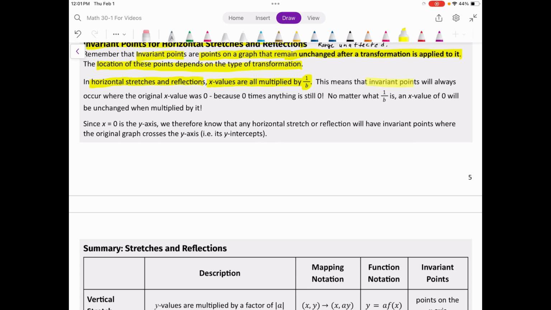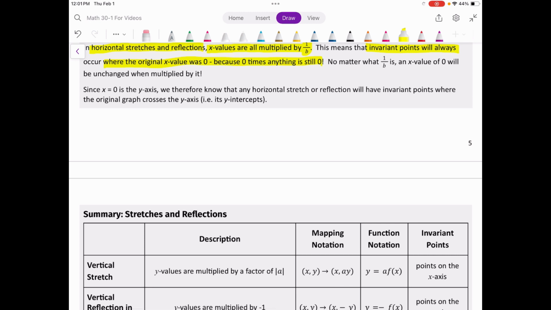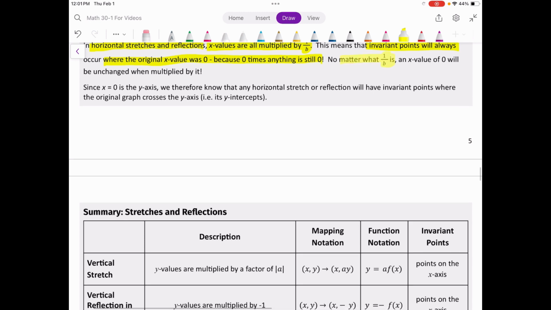So invariant points occur where the original x value was 0, because 0 times anything is still 0, right? No matter what 1 over b is, an x value of 0 will be unchanged when we multiply it by 1 over b, okay? So since x equals 0 is just the y-axis, we therefore know that any horizontal stretch or reflection will have invariant points where the original graph crosses the y-axis. In other words, its y-intercepts.